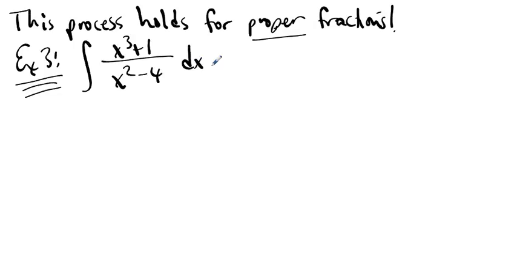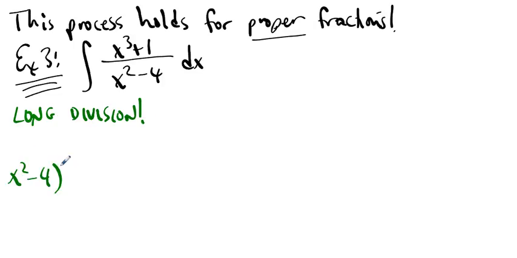Well, I'll tell you what happens with that. Long division happens with that. We literally go back to 4th grade and divide x squared minus 4 into x cubed plus 1. We literally go back to 4th grade and long divide.